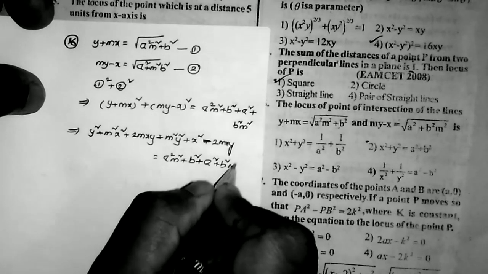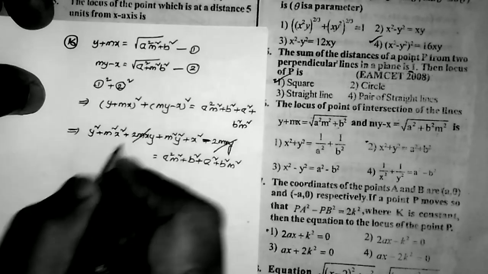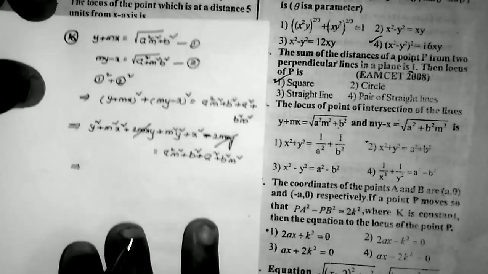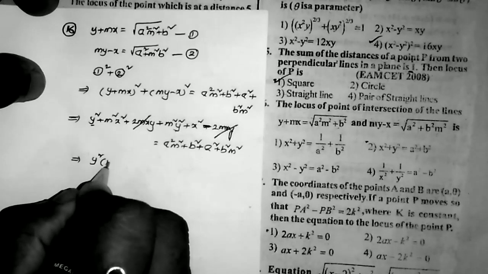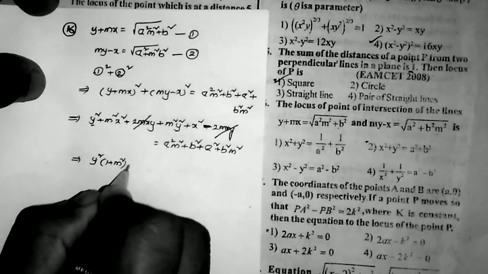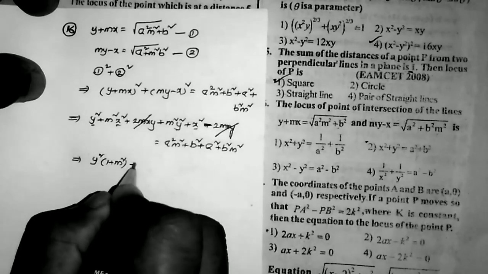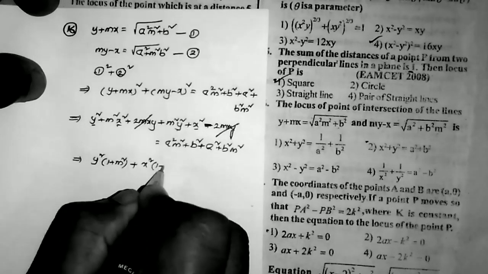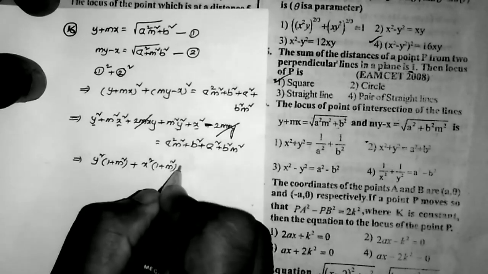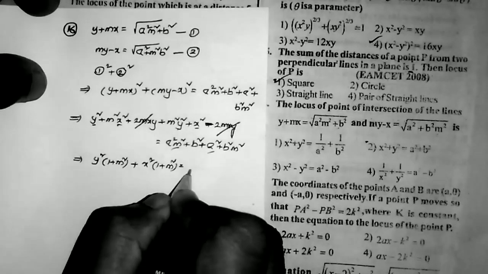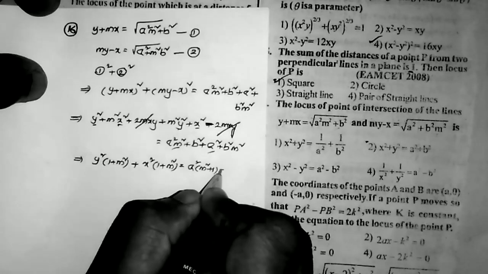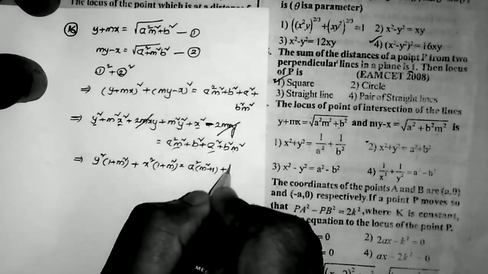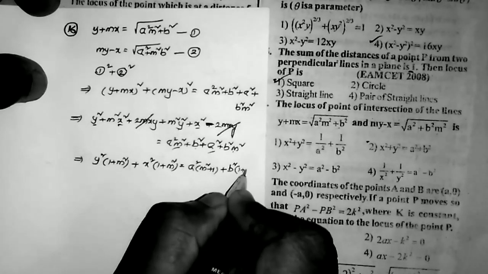Now here minus 2mxy plus 2mxy gets cancelled, which implies, now taking y square common, we get y square into 1 plus m square plus, now taking x square common here, we get x square into 1 plus m square is equal to, here taking a square common, a square into m square plus 1 plus, now taking b square common here, b square into 1 plus m square.